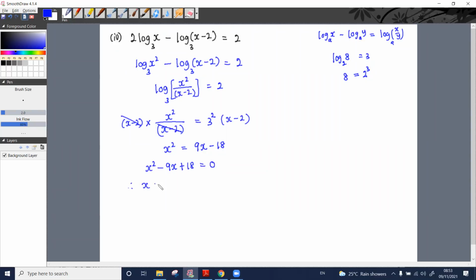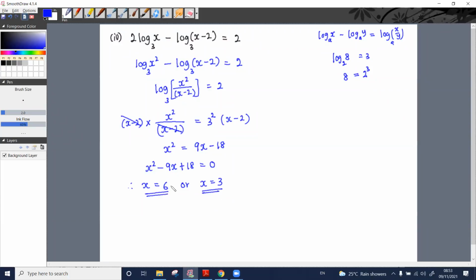Therefore, x should be equal to what? The value of a is 1, the value of b is minus 9, the value of c is 18. So the value of x should be equal to 6, or x should be equal to 3.